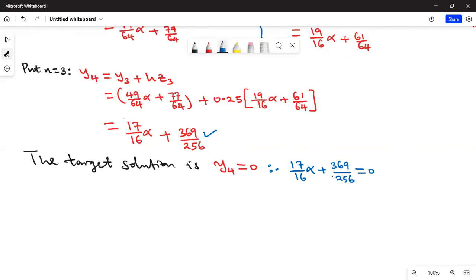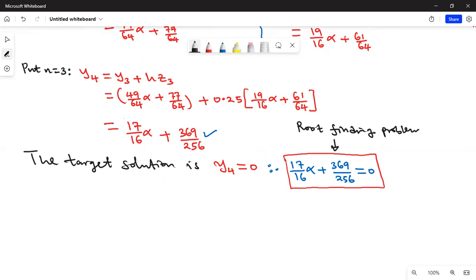You see now it is a root finding problem. This is what I was calling a root finding problem because we need to find the value of alpha that satisfies this equation. For this case, it is linear.